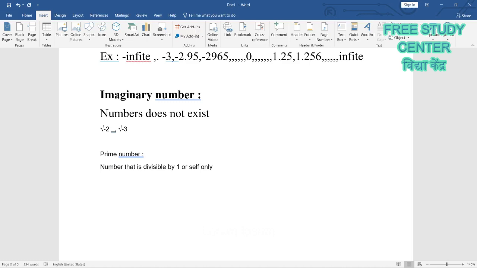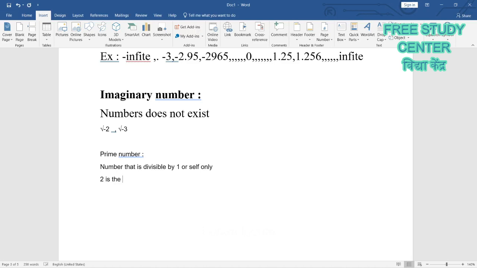Of course, we forgot to introduce you to the prime numbers. In the case of prime numbers, you need to remember something. There is one question: what is the smallest prime number? Most of the time students get confused, because they think about one. But remember guys, note this point: one is not a prime number. One is never a prime number.